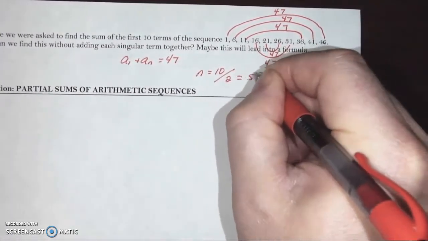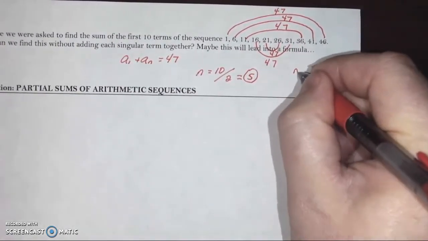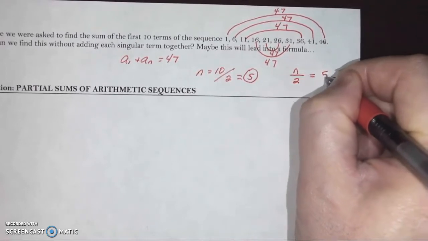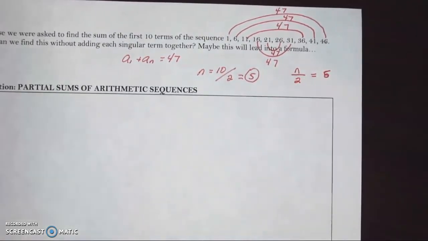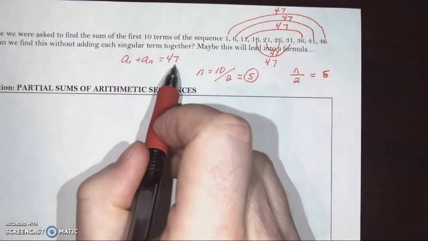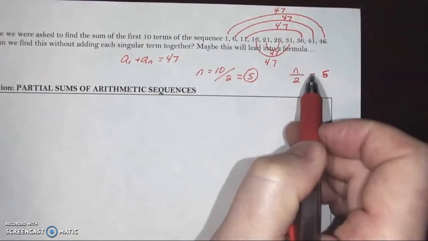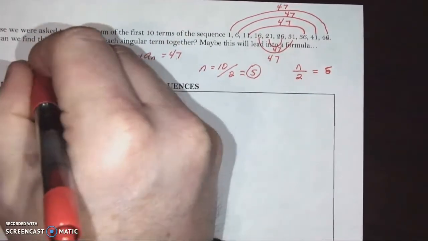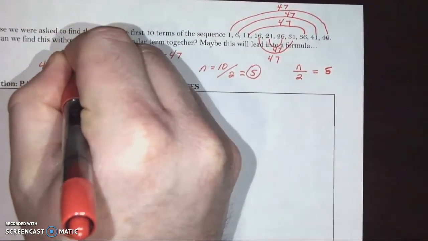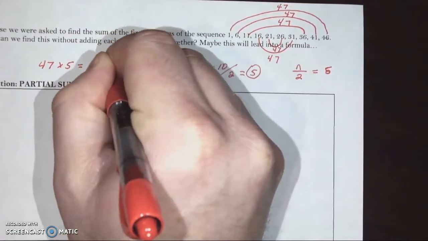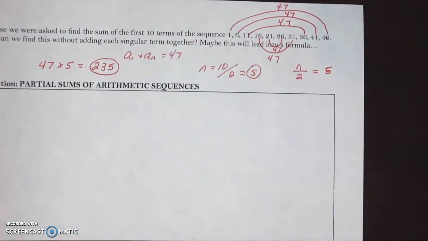So how many groups were there? There were 5 groups. So n over 2 happened to be 5. So we added the first and the last term together, and we multiplied that by the number of terms divided by 2. 47 times 5 gave us the sum of that sequence. That was interesting. So we grouped them into 2, then took half the amount of terms and multiplied.